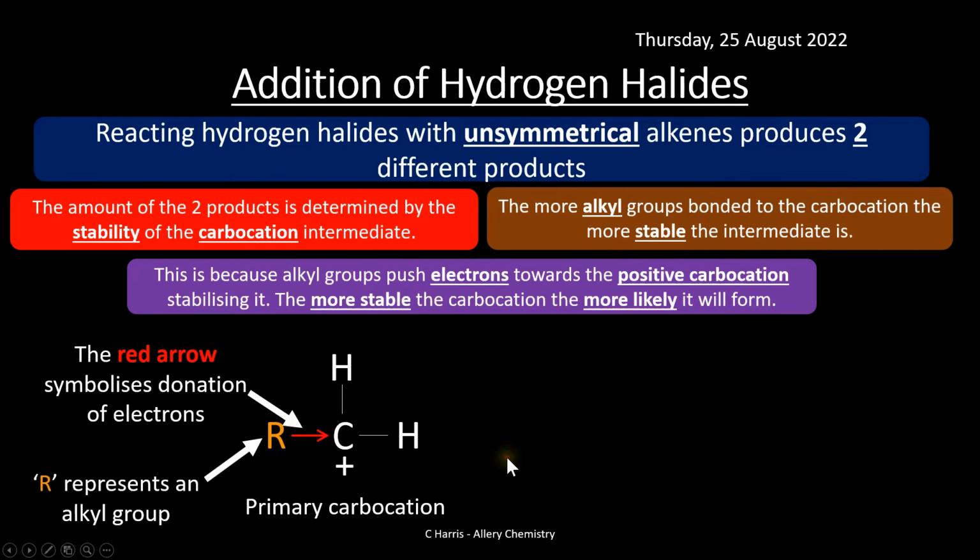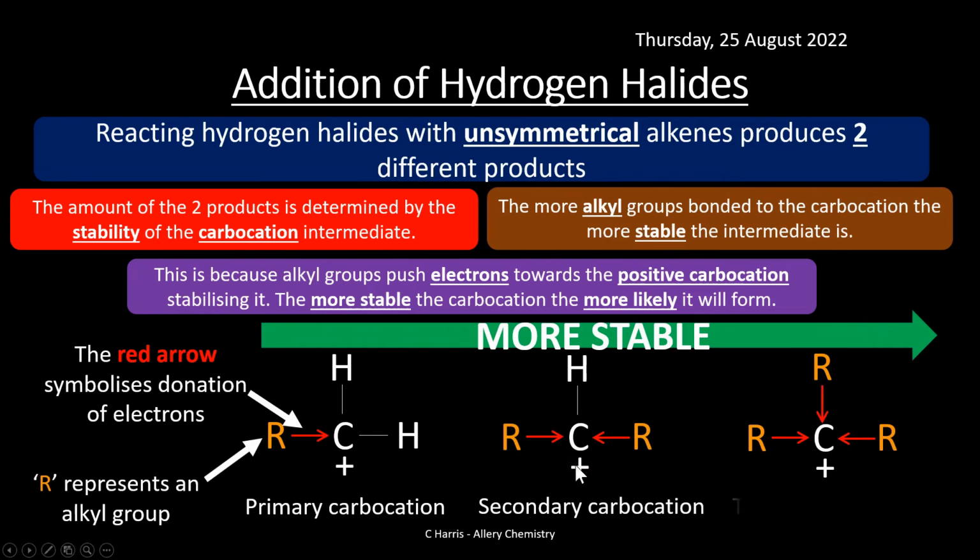Now you've got one here. If you had a secondary carbocation, you've obviously got two of these groups pushing electrons into this carbocation, which is going to create a more stable intermediate. And a tertiary one is going to do that even more. So if you can form this type of intermediate, that's the best outcome for a reaction to happen.